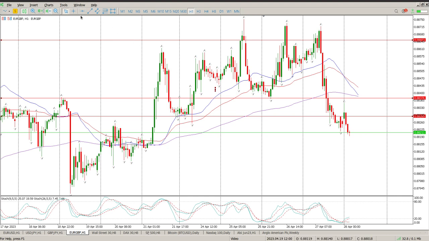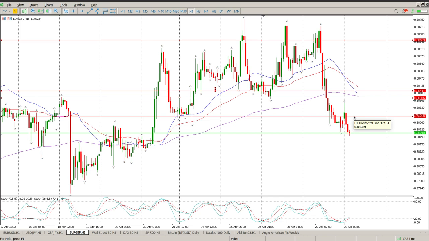Now that one's not going to work. There you go. So ideally you'd be looking to short off 0.88411 or alternatively 0.88376. This level here is relatively strong as well, 0.88289, but for this I'd be on a 15-minute chart and actually just watch the London breakout strategy.